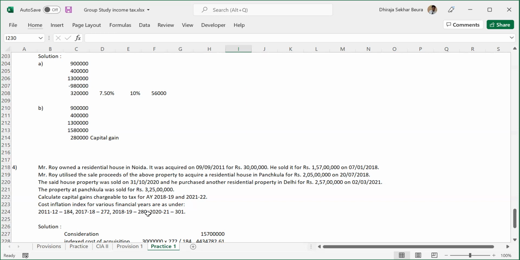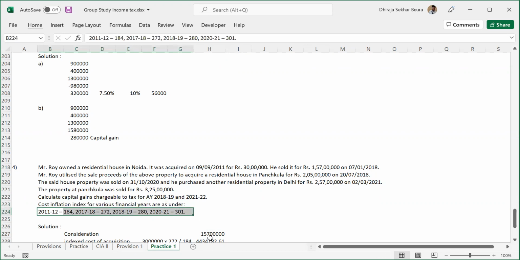Now, before moving forward with the question, because it will complicate a little bit, let's calculate the capital gain here for the first case. How much is the consideration that we have received? 1,57 lakhs. Our cost of acquisition is 30 lakhs. We have to index it. Here are the indexation numbers given.